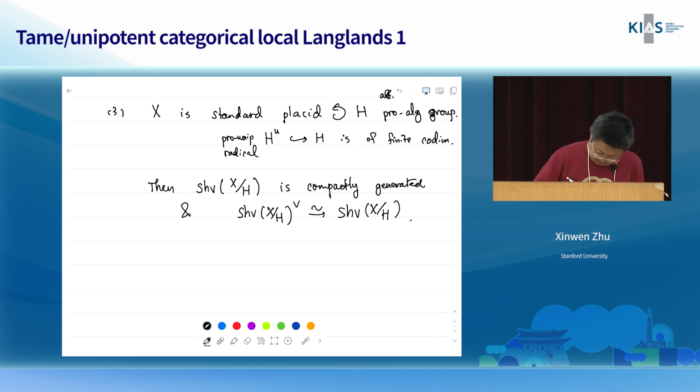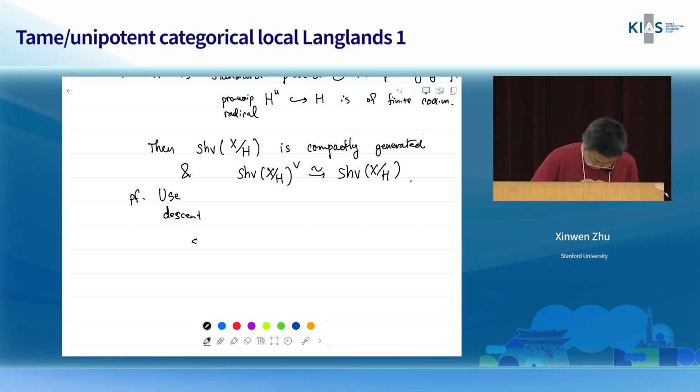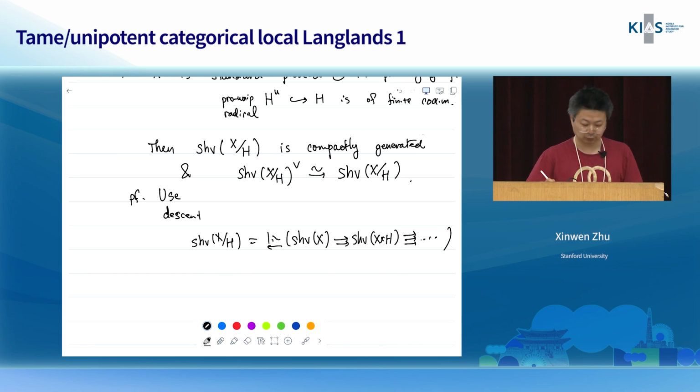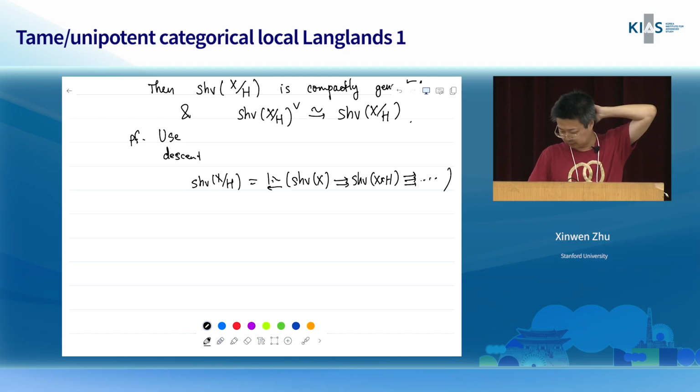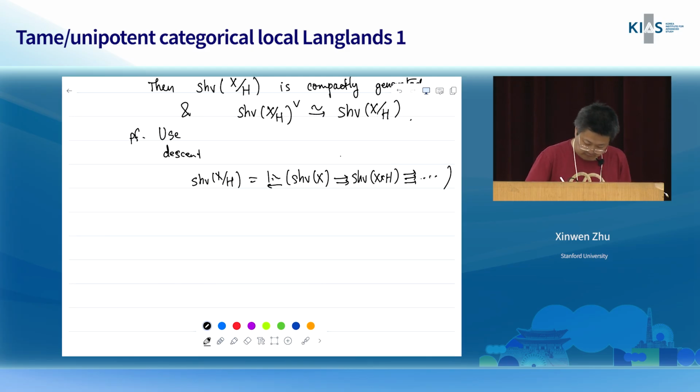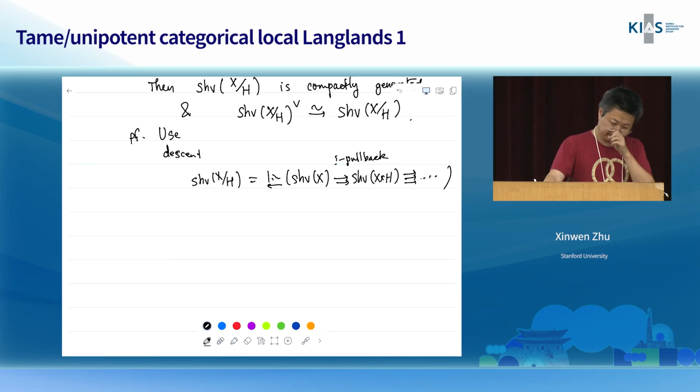So the idea is you use descent to write sheaves on X mod H as a limit of sheaves on X, going to sheaves on X times H, and so on. This is the usual kind of descent that works in this situation. You need a little bit of proof, but now these are shriek pullbacks.